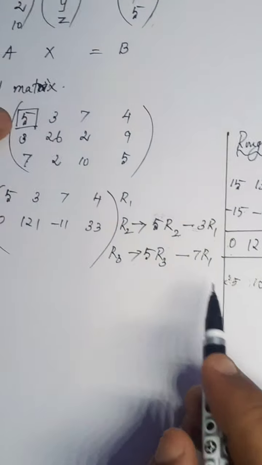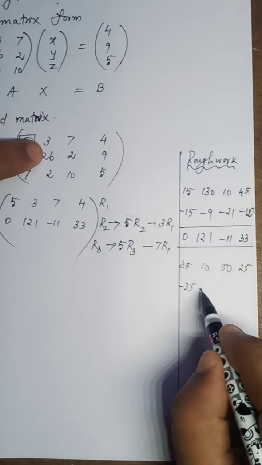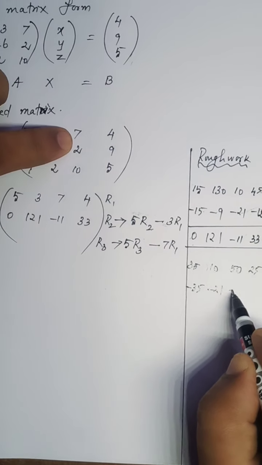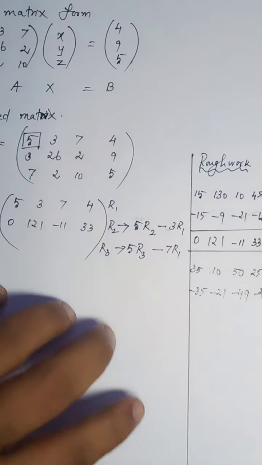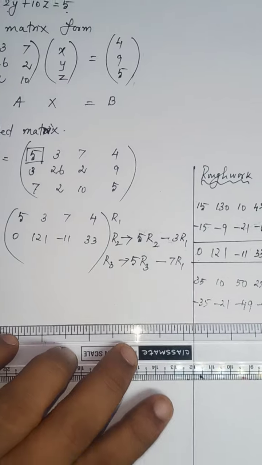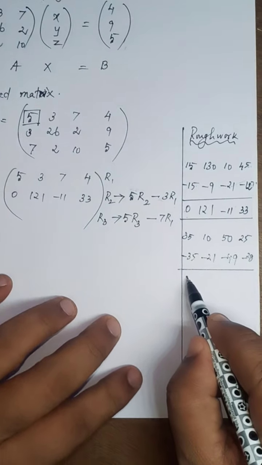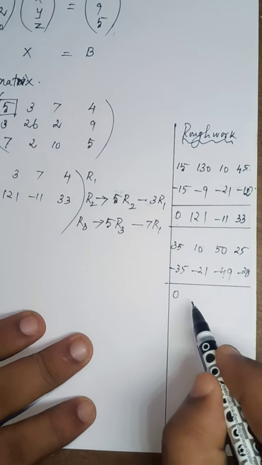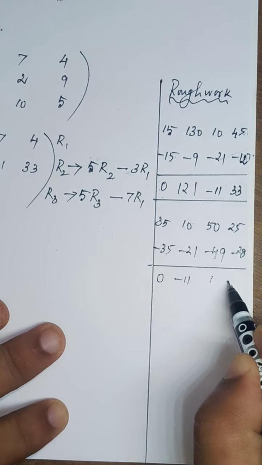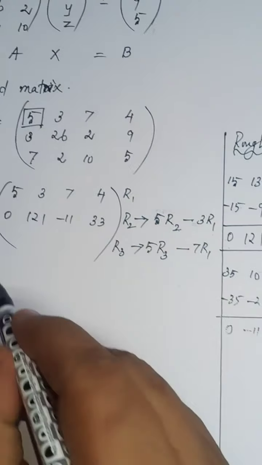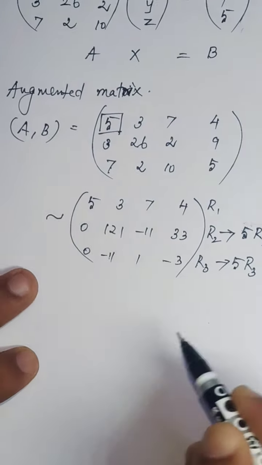Multiply R1 by minus 7: minus 7 into 5, minus 35; minus 7 into 3, minus 21; minus 7 into 7, minus 49; minus 7 into 4, minus 28. Here we get 0, minus 11, 1 and minus 3.